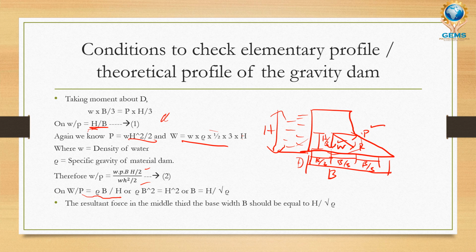If you bring that B to this side, rho B squared is equal to h squared. This is the resultant force acting at the final base with B. The force is h divided by root of rho, the final resultant force acting up to a width of B.